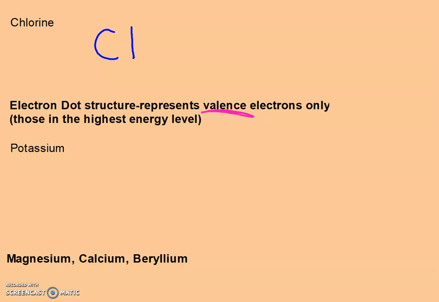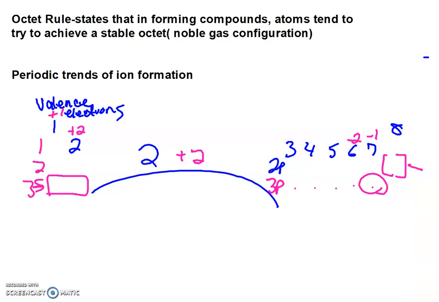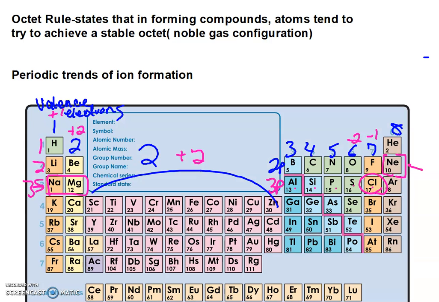So, for example, chlorine has 7 valence electrons. I should be able to look at the periodic table. Let me bring that up for you really quickly. And see, chlorine is over on the right-hand side, right there.